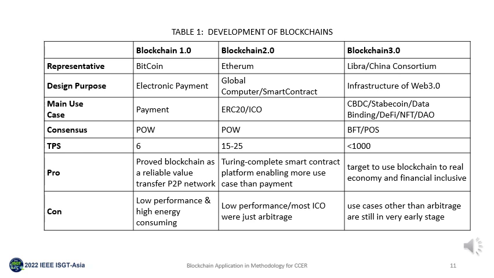Blockchain 1 is represented by Bitcoin and can be only used in payments. A new decentralized and low-cost digital payment system is built by blockchain technology. Blockchain 2, represented by Ethereum, is to build a decentralized global computer which supports Turing complete in contracts, so-called smart contracts. Blockchain 3 is the justice, efficiency, and coordination applications beyond currency, economics, and markets.